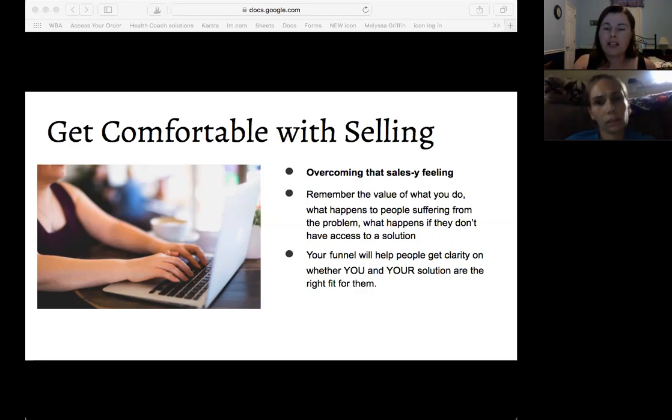You're helping them get to the point where they can decide if they're ready to do something or not. That's the purpose of the funnel. And you're also educating them about how you can help, what your unique value proposition is, what your program offers that's different from other programs, and how you are uniquely qualified to help.